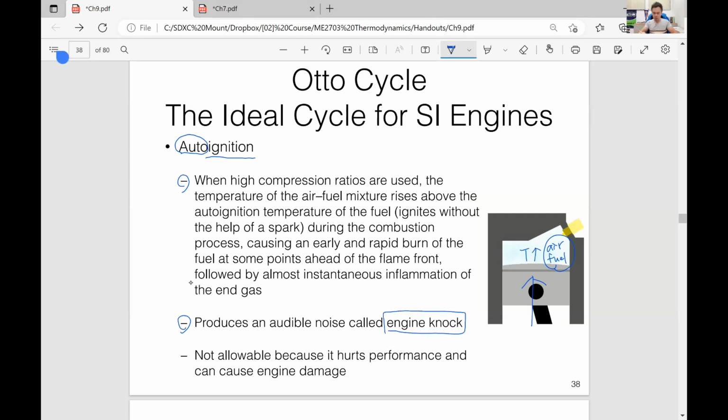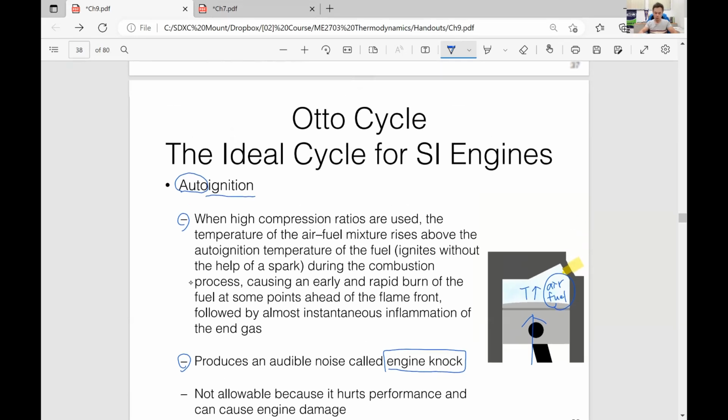Engine knock is not allowable because it hurts the performance and can cause physical damage to the engine. That's why we cannot use a very, very high compression ratio, because we don't want to have the auto ignition. We don't want to have the engine knock.